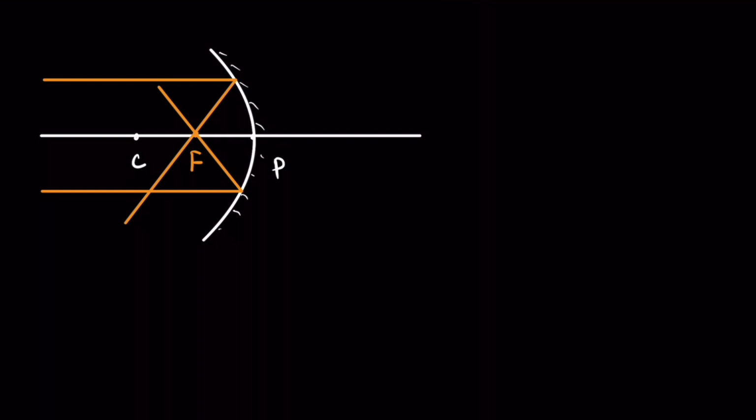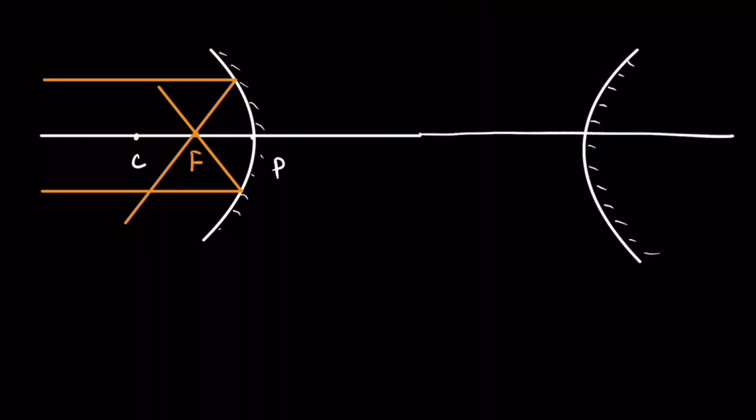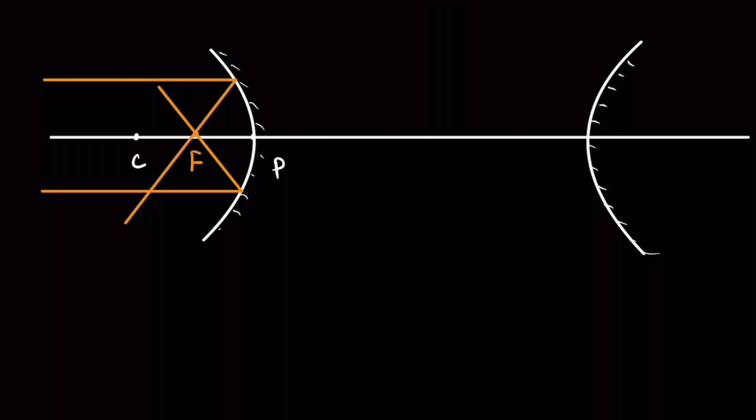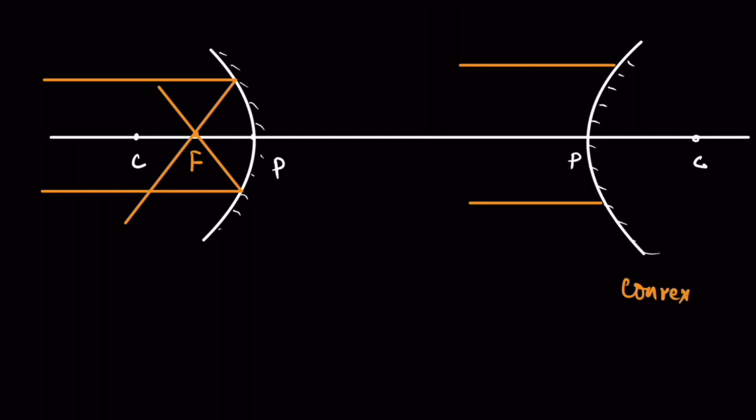Similarly, if we use a convex mirror, and here is a principal axis, this is the pole and the center of curvature. Two rays we can take, and both must be parallel to the principal axis. We know that it is a convex mirror, so it is diverging in nature.